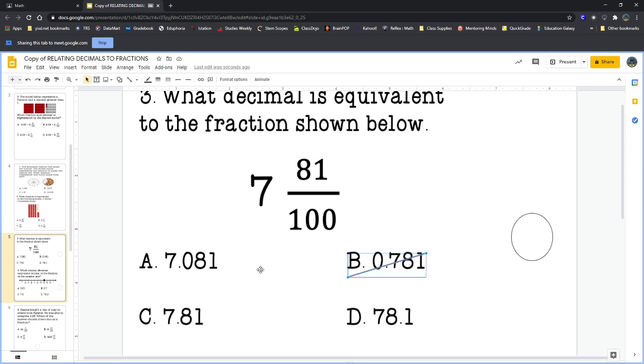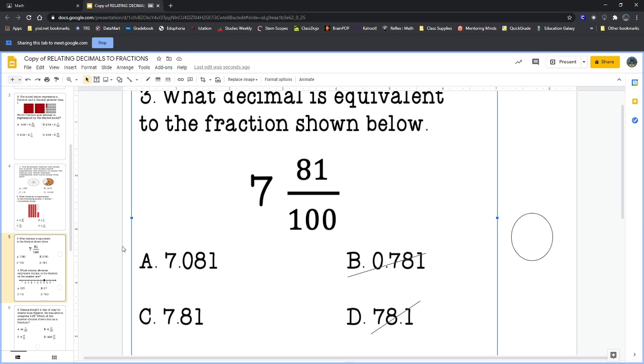Okay, I want you to look carefully. There's one more that doesn't have a 7. I just want 7 because 7's the only thing in front of it. So I should only have a 7 in front of that decimal. D. Answer choice D has a 7, but it's not just a 7. They put 78. And if I look in front of my fraction, my number is not 78.